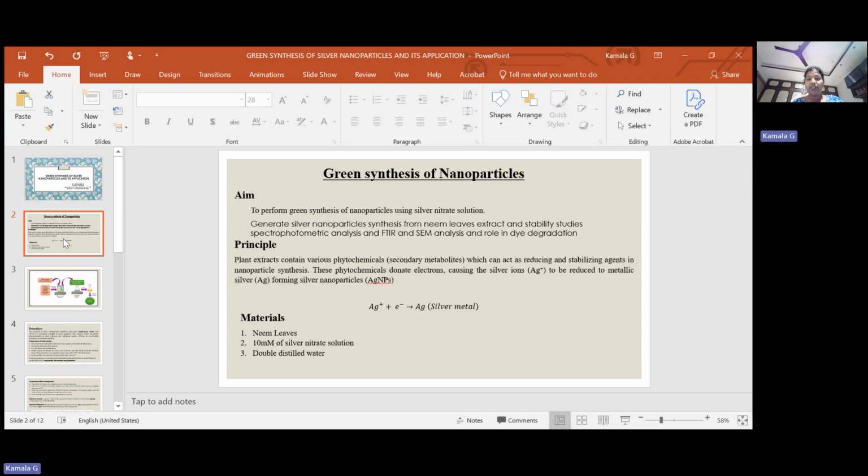Here, the major principle is that plant extract contains many phytochemical components which have an ability to reduce and stabilize the nanoparticles. Now we are using neem leaf extract as a phytochemical source, whose phytochemicals may donate electrons, causing silver ions to reduce into metallic silver and form silver nanoparticles.